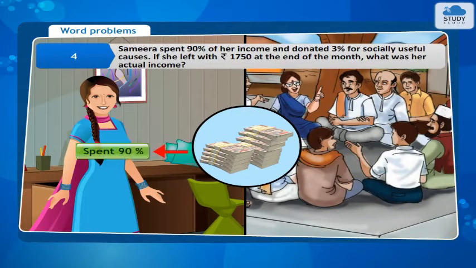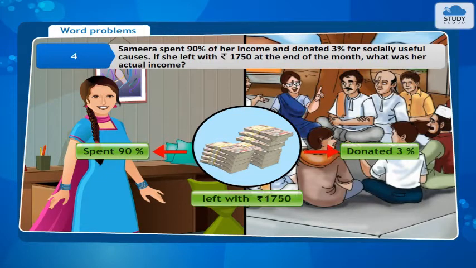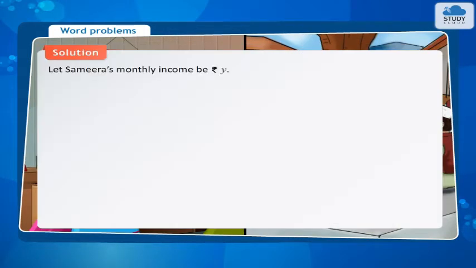4. Samira spent 90% of her income and donated 3% for socially useful causes. If she was left with rupees 1,750 at the end of the month, what was her actual income? Solution.